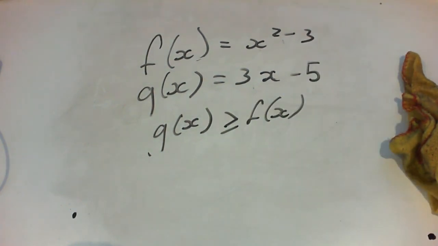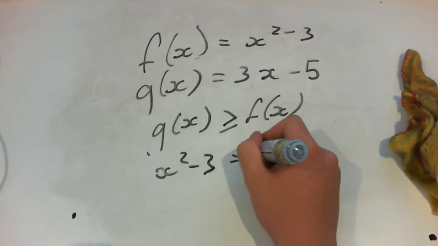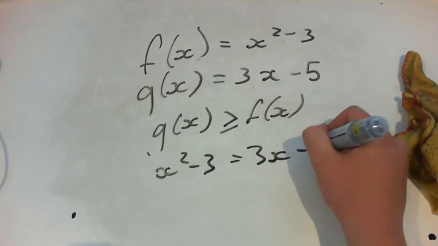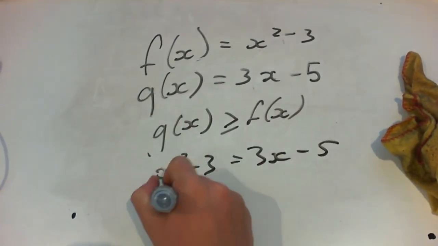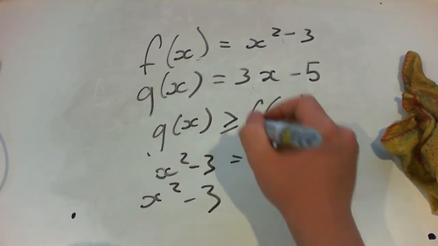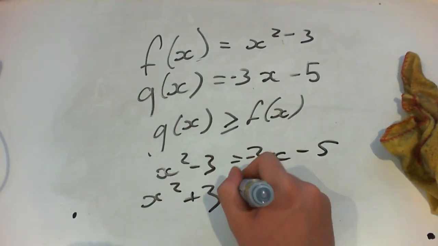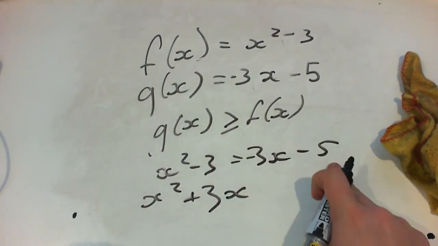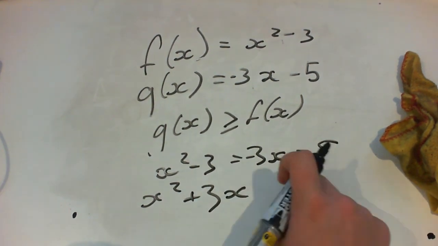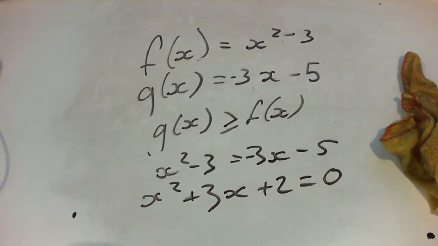Let's try that, I think this might work. Let's make them equal to each other. x squared minus 3 equals 3x minus 5. Nope, I want this to be negative. x squared plus 3x, bring the negative half of it as well, so we get positive 5, which means this is positive 2 equals 0.